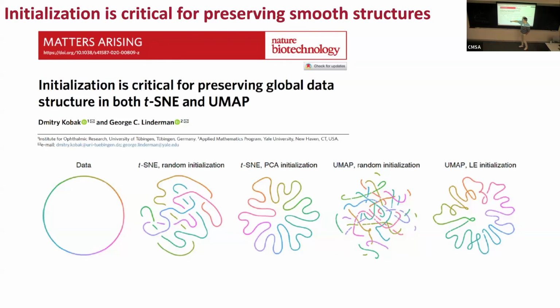For t-SNE you basically break the global structure, whereas for UMAP it seems better. The authors argue that this is just because of the choice of default initialization scheme rather than the algorithm itself. If you just switch the initialization, you can actually get an even slightly better embedding for t-SNE, whereas for UMAP, random initialization gives something the same.